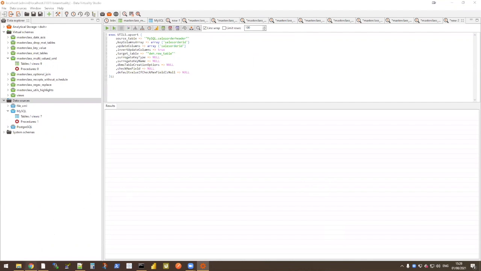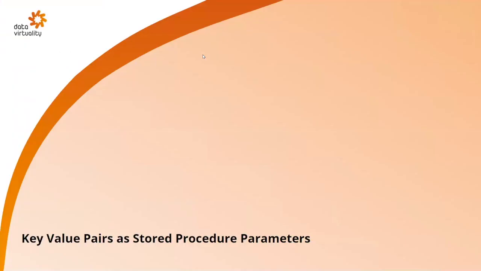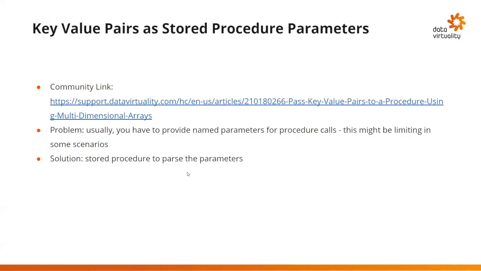All right, perfect. Okay, let's continue with our topics here. So, stored procedures. We want to pass key value pairs to a stored procedure. The limitation here is that you always have to provide named parameters. You can give a parameter a name, and then you can pass on this particular name.